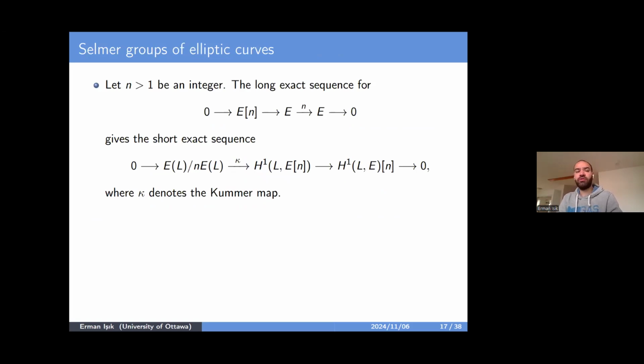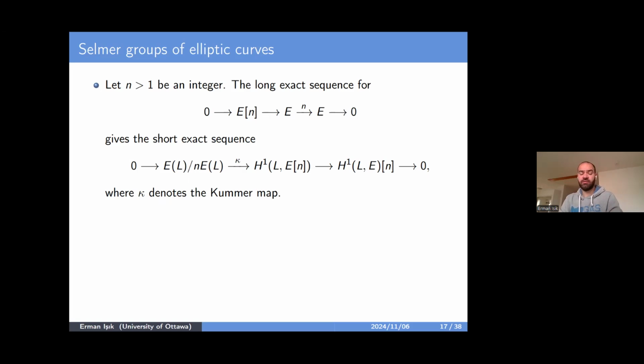So another important object to study the Mordell-Weil rank is called Selmer groups, and we obtain them as follows. We have this exact sequence which allows us to define a long exact sequence, and we can extract the following short exact sequence. Basically, we are able to embed the rational points into this cohomology group through the Kummer map. And we can play the same game for the localizations of this field at every place.